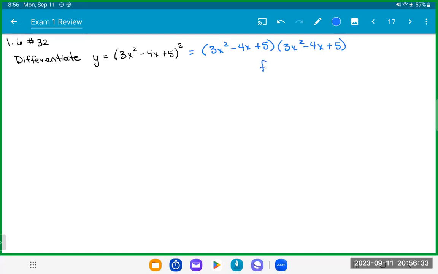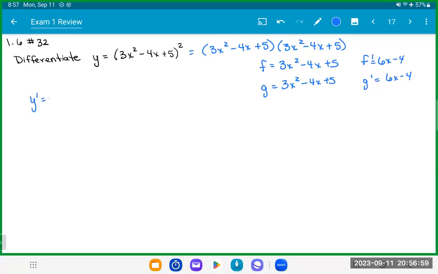If we did that, then f is equal to 3x squared minus 4x plus 5, but g is also 3x squared minus 4x plus 5. So my derivative, f prime, is going to be 6x minus 4, and my g prime is also 6x minus 4.